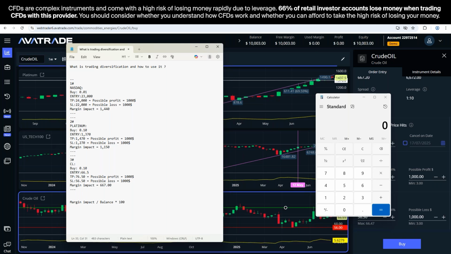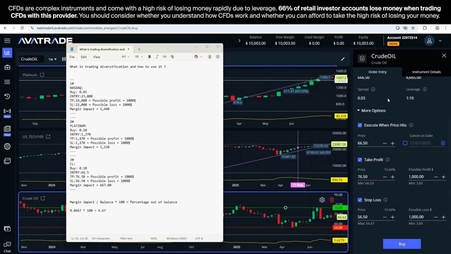So basically what's happening here is a simple percentage calculation, 667 divided by 10,000, that gives us 0.0667, times 100 equals, we'll do it together.